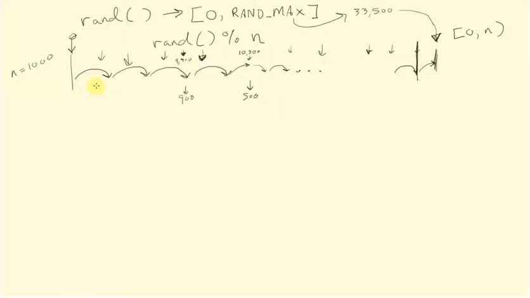Thus, when you do that, any value that drops within this new range and calling modulus of n upon it results in outputted values that are all equally likely to occur.